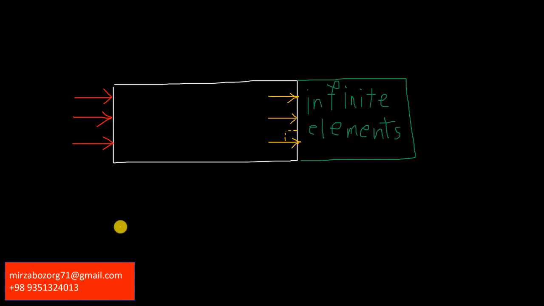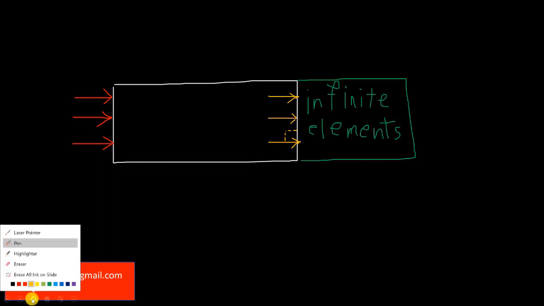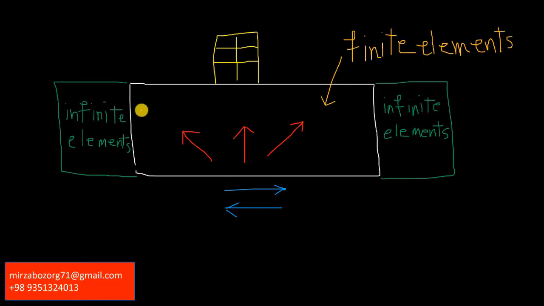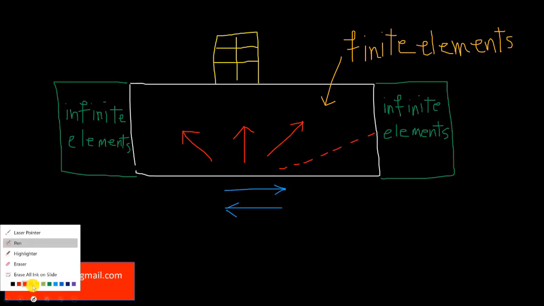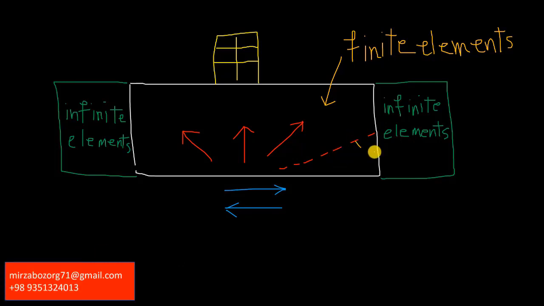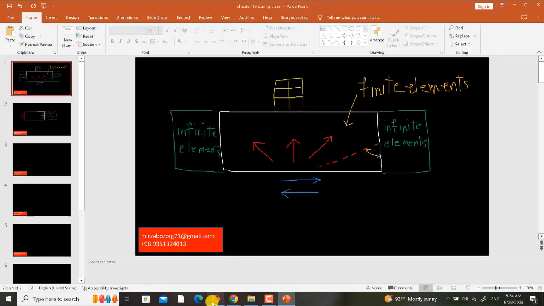But for example, if it is not orthogonal, like this case, if you see, this is not orthogonal, okay? So less than 100% will be absorbed and some energy will reflect. And that's it.